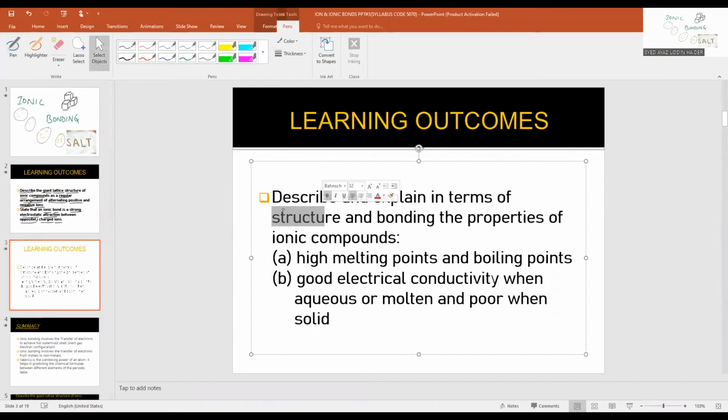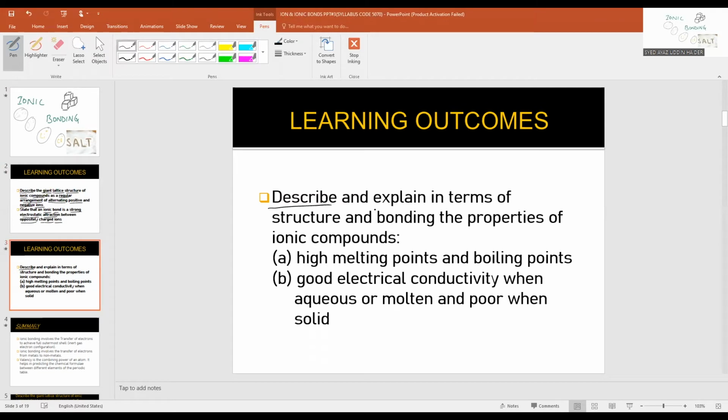Describe and explain in terms of structure and bonding the properties of ionic compounds: high melting points and boiling points, good electrical conductivity when aqueous or molten, and poor when solid.